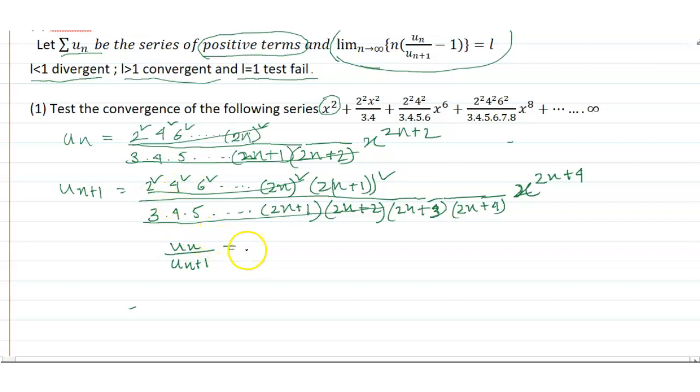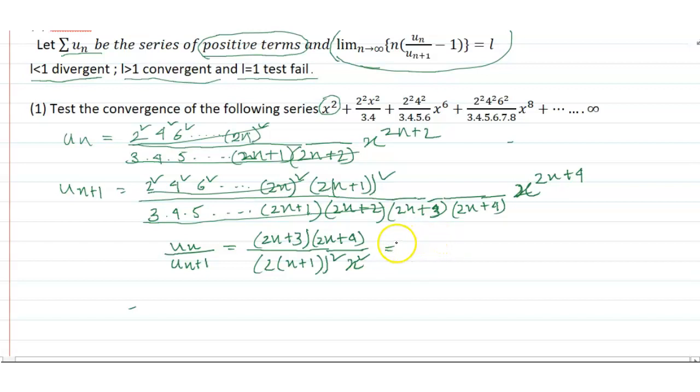So what I get is 2n plus 3 into 2n plus 4 over 2 into n plus 1 whole squared, divided by x squared.